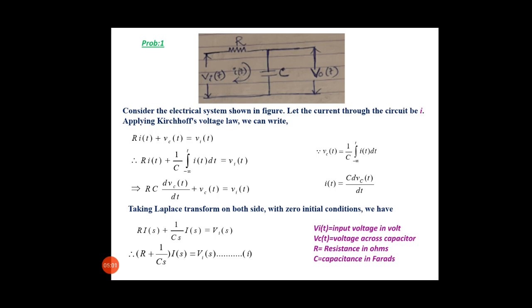Now, what is the transfer function model? To get the differential equation model, we just need to apply some general rules of the circuit like KCL, that means Kirchhoff's current law, and KVL, that means Kirchhoff's voltage law, and after that we get an equation.